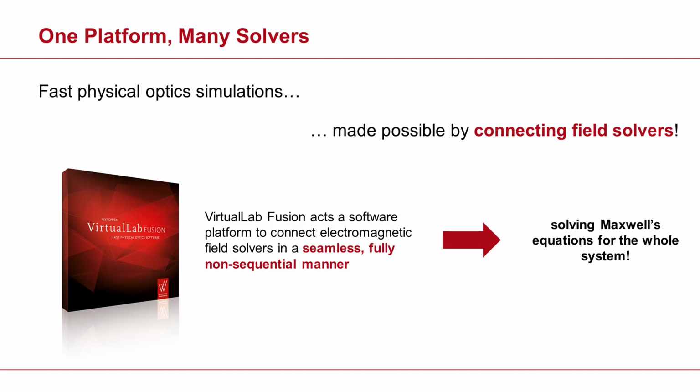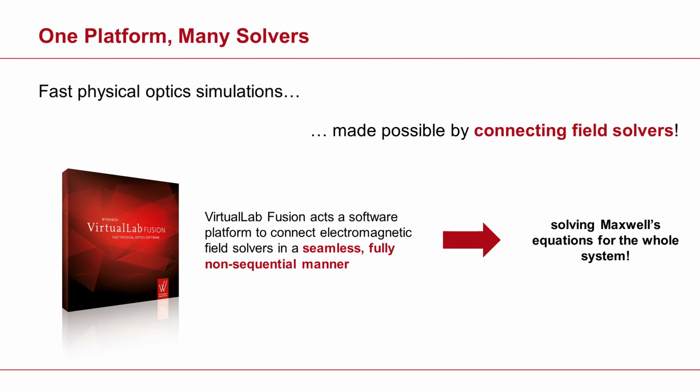I want to summarize the key aspects of this fast physical optics technology as it relates to the topic at hand. And the main takeaway here is that fast physical optics simulations are made possible by the connecting field solvers philosophy or approach.